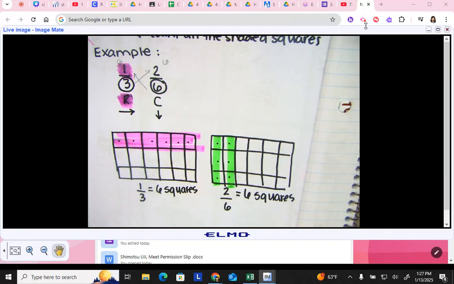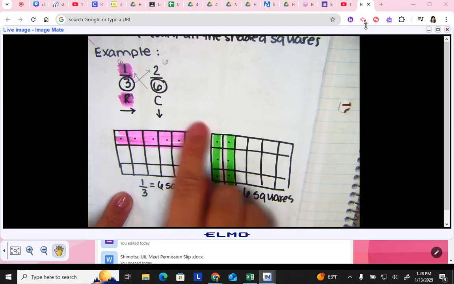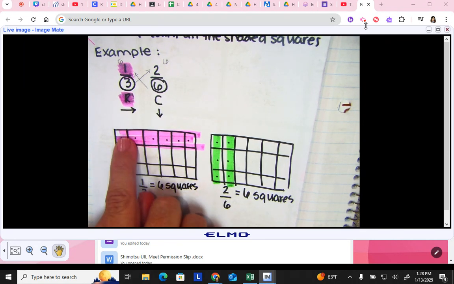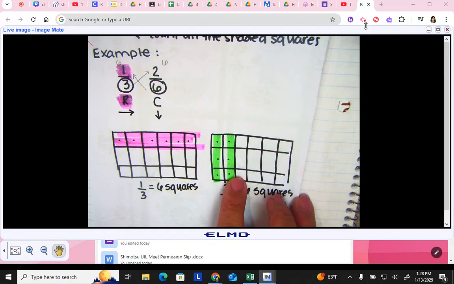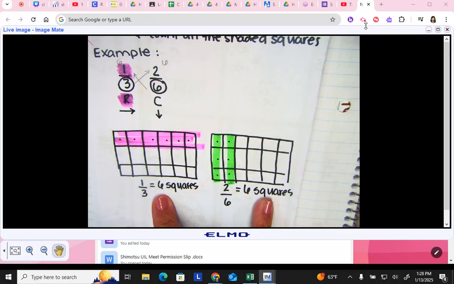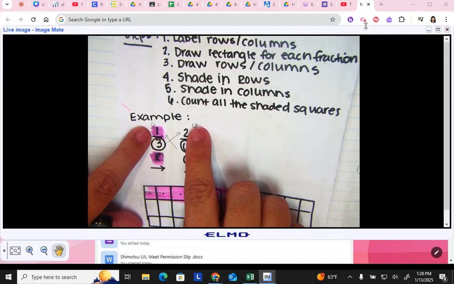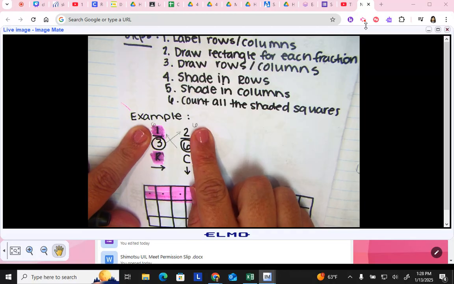So this is telling me that if I were to represent this fraction in this figure, this is how much I would shade. I shaded 6 squares. I shaded 6 squares. What does this tell me about these fractions? They're equivalent. Now remember the 6s that we got up here when we cross multiplied? That's where those 6s come from.